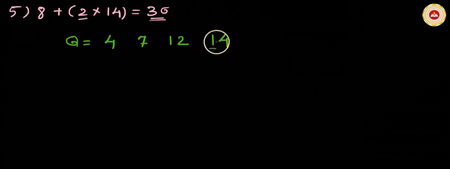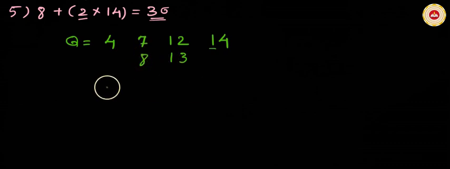Let us pass this 1 to its immediate left and add it to this 12, which becomes 13. Here also we have an extra digit. Pass this 1 to its immediate left, and passing means adding. So 7 plus 1 is 8.